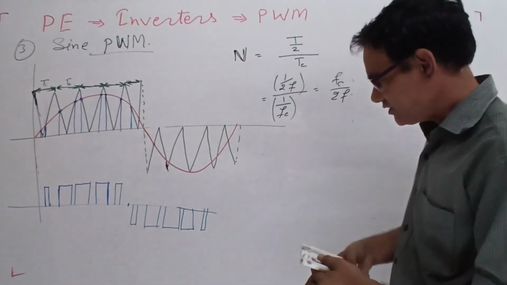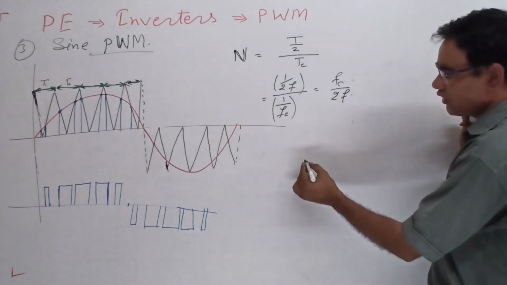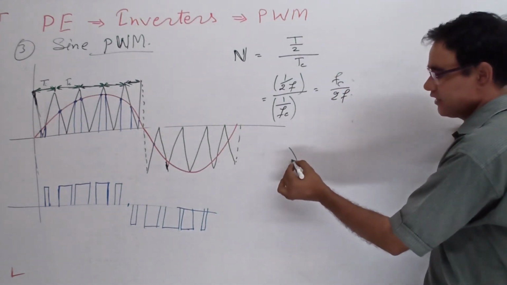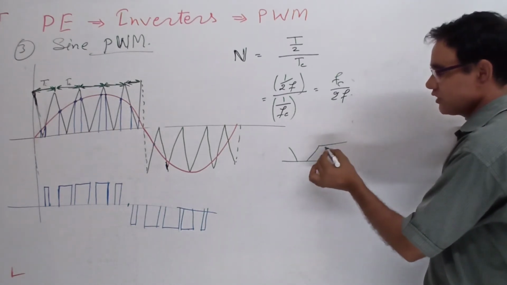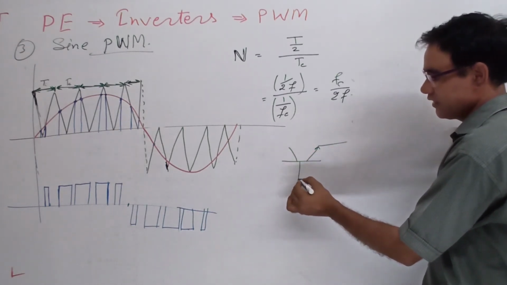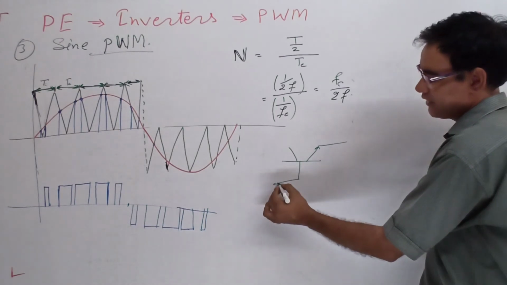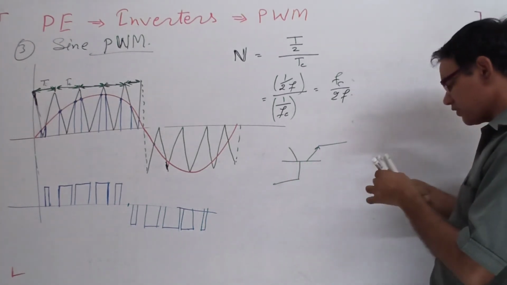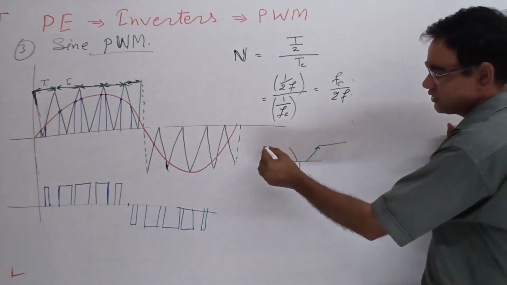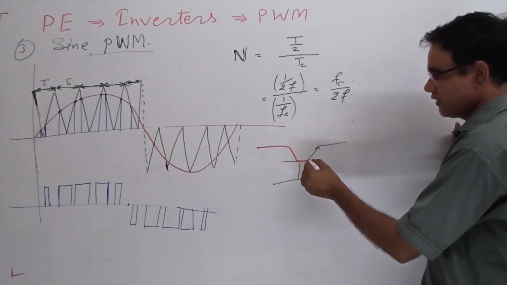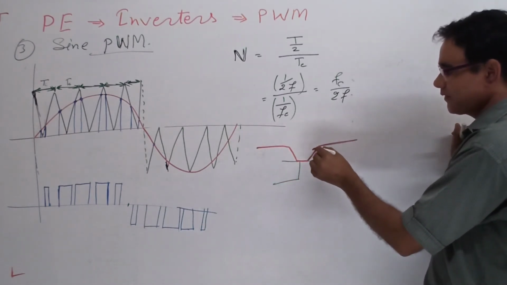How will we generate these? Here is the circuit which will give the firing, and this is the main circuit or the power circuit. This is known as the power circuit of the BJT.